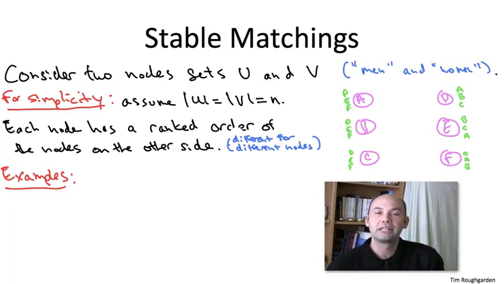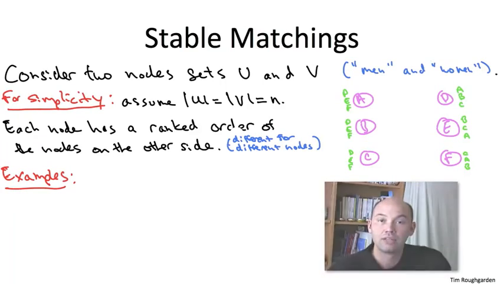And each student similarly has a ranking over the colleges of which ones it prefers to go to over others. As another example, you might think about medical residents, that is, people who just finished medical school looking for a residency, and the other side being hospitals. Again, hospitals are going to have a preference over which recent graduates they accept as residents. Potential residents, of course, have preferences over which hospital they get assigned to.